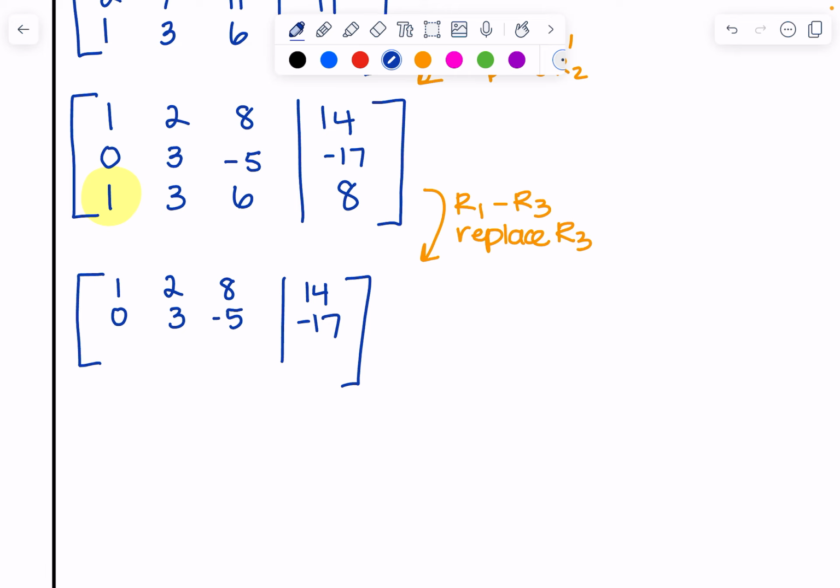And then I'm doing row 1 minus row 3. So 1 minus 1, 2 minus 3, 8 minus 6, 14 minus 8. Again, I'm showing my work, but I'd probably do this in my calculator in real life. 1 minus 1 is 0. 2 minus 3 is negative 1. 8 minus 6 is 2. 14 minus 8 is 6.